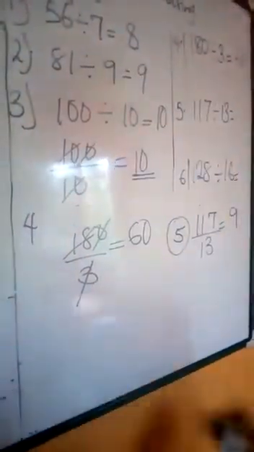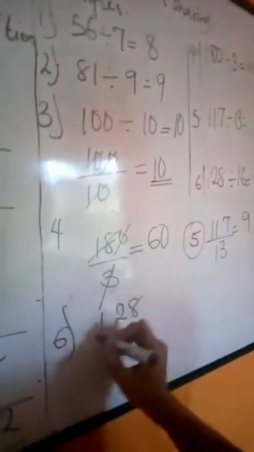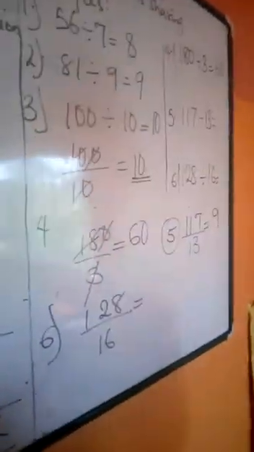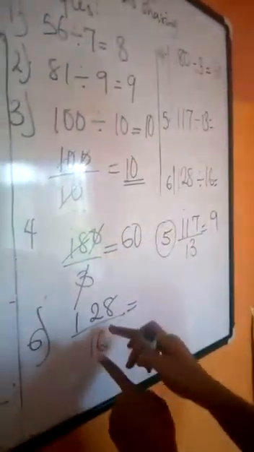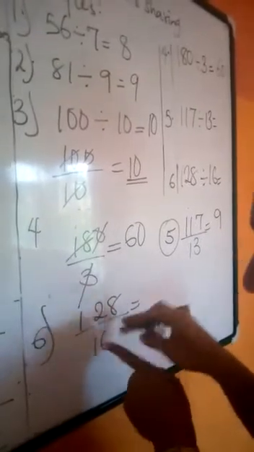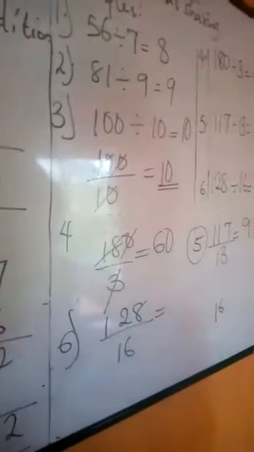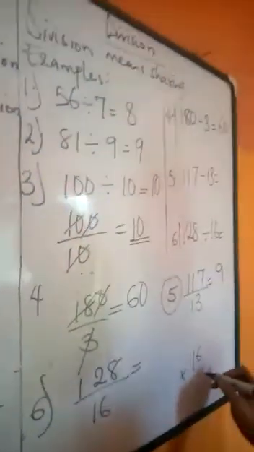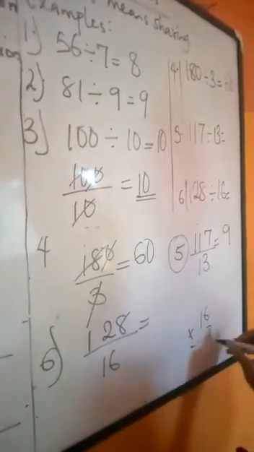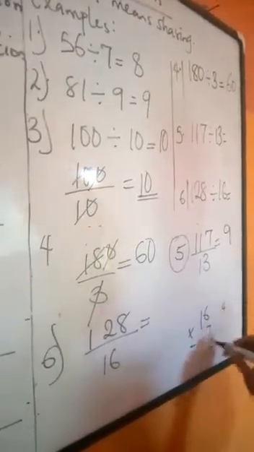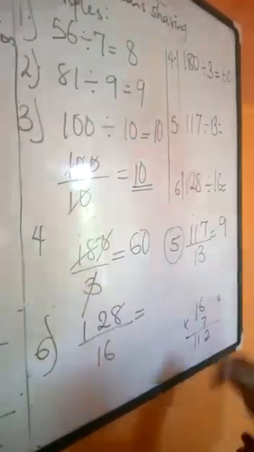Is that clear? Alright. Then the last one, 128 divided by 16. The same trial method. You find out that for 16 to divide 12, it can't go because 12 is lesser than 16. So I will introduce this same trial method now. 16 times 7, for example. 7 times 6 is 42. Write 2, carry 4. 7 times 1 is 7 plus 4, 11. So 112.